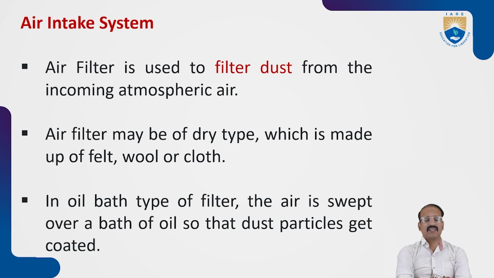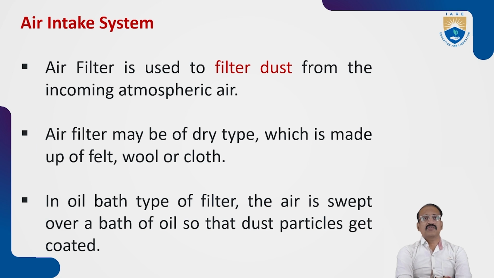Air intake system, the air filter. Generally, air will have some impurities or dust, which will disturb the quality, or sometimes may stop the ignition process. So we are going to filter it. This is a very small thing; you can even observe it in your bikes also.